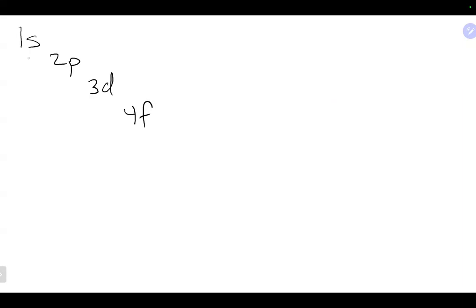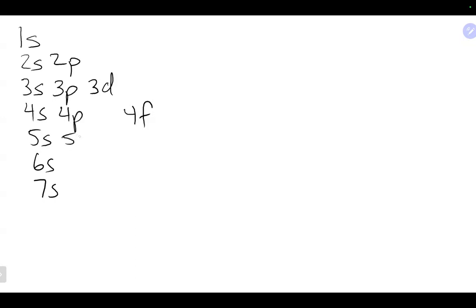So the first one actually goes to 7. So you would go 2s below it, 3s, 4s, and then 5s, 6s, and 7s. Next, you would fill in underneath the p, so you would go 3p, 4p, 5p, 6p, and 7p.